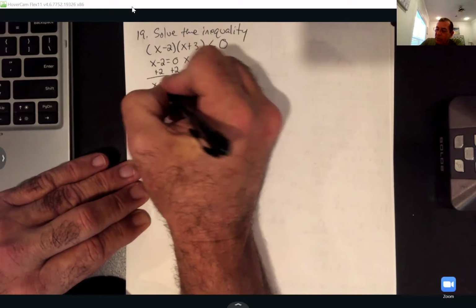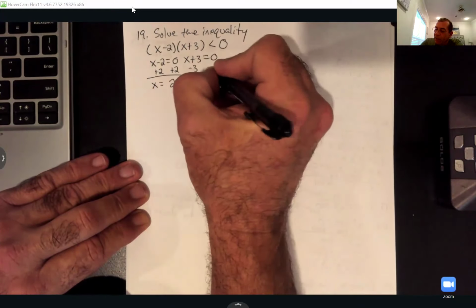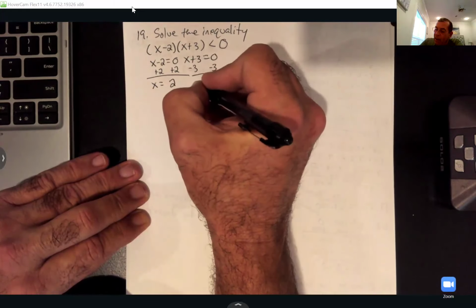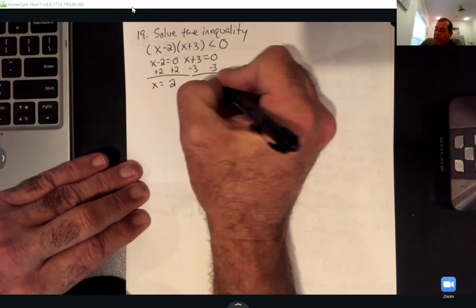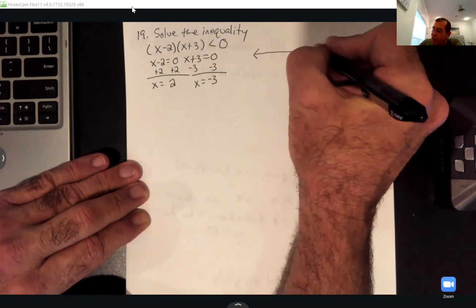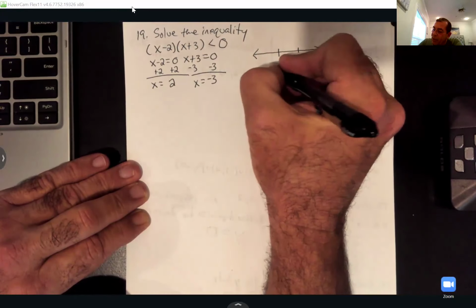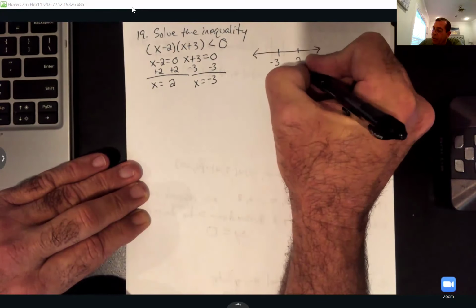So x equals 2. Here we'll subtract 3, and x equals negative 3. So I set me up a number line off them 2 numbers. So negative 3's over here and 2's right there.